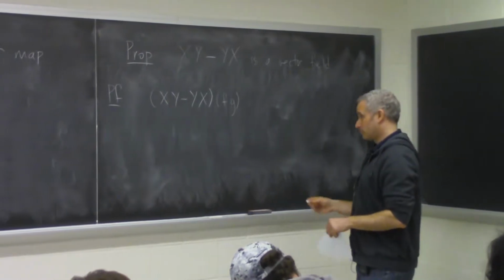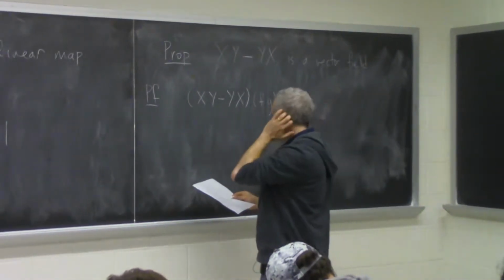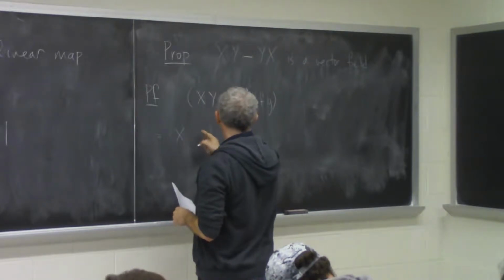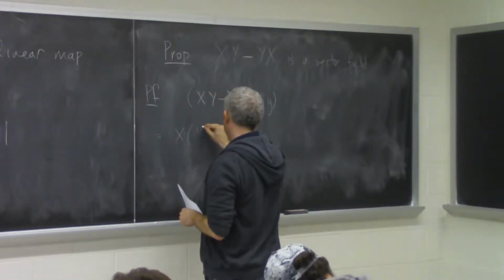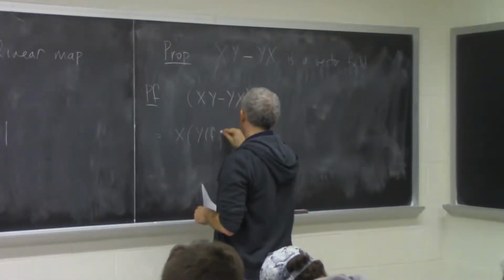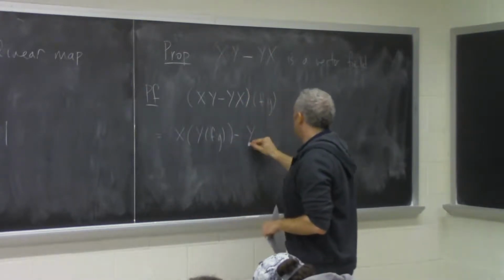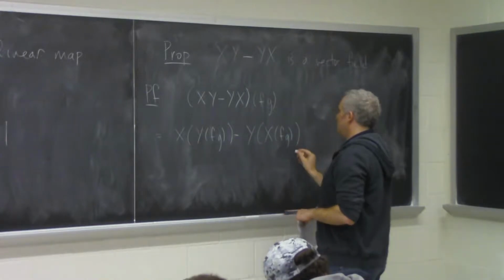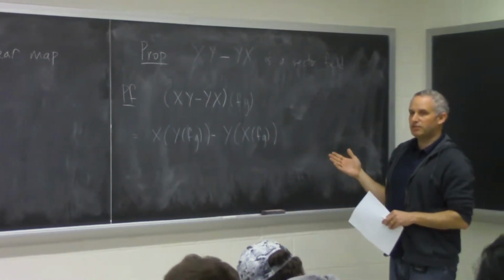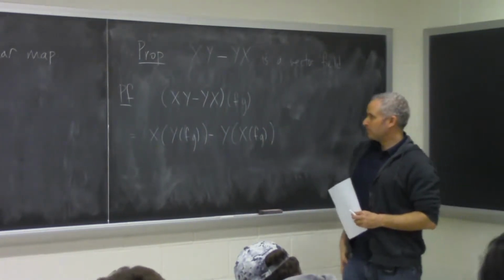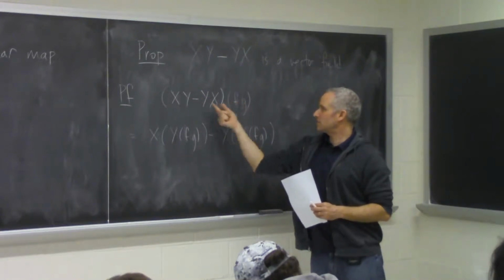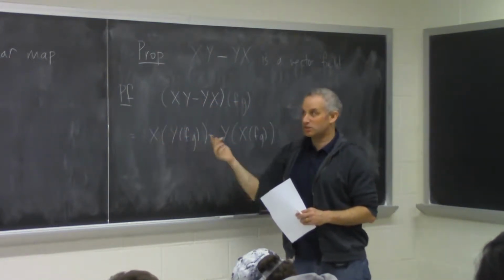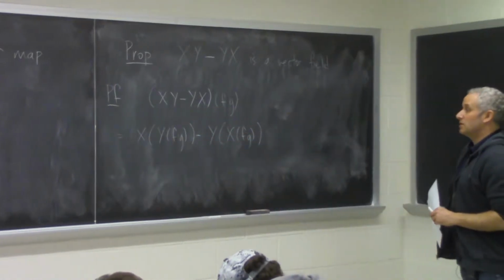And so we start along this road, and we have XY acting on fg minus YX acting on fg. This is just by definition of what these maps are. It's this acting on this minus this acting on this, and this acts on a function just by composition as described there.